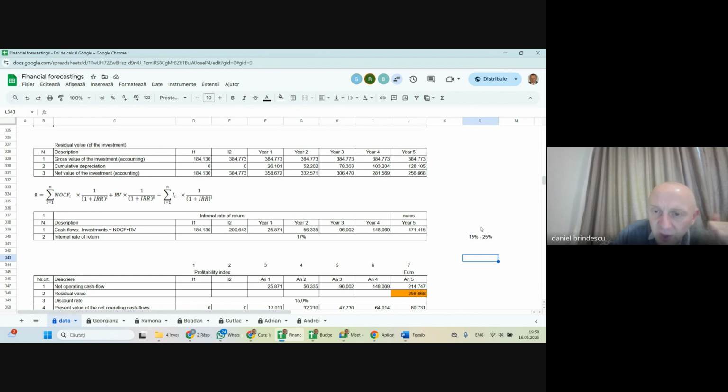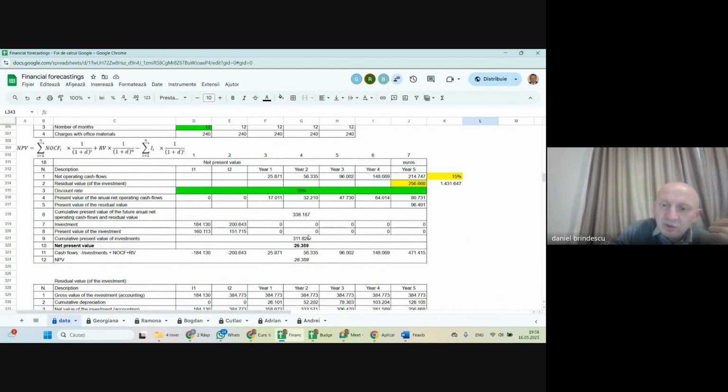exam, I will ask each one of you to define the net present value. So basically, the surplus of value generated after recovering the capital and the expected return equal to the discount rate.